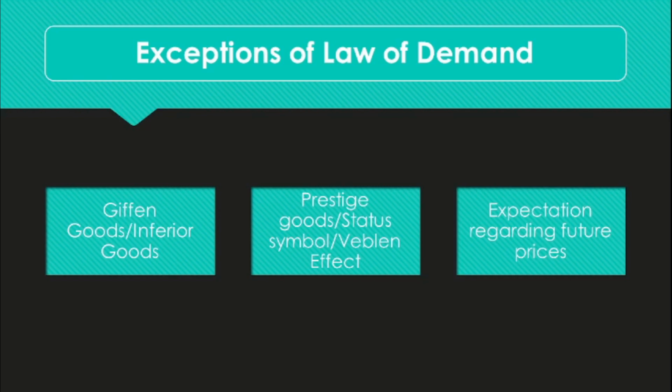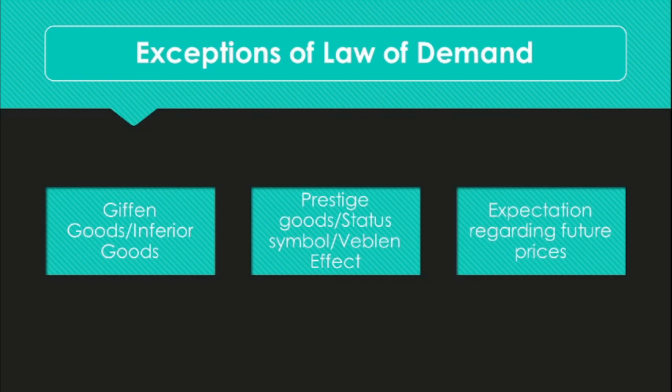So the higher prices do not affect the demand for these commodities. Those who can afford them go for these products even if the prices are higher. Sometimes they buy more of it, because the satisfaction they derive from this product is because of its high price, and that is why it is called prestige goods.